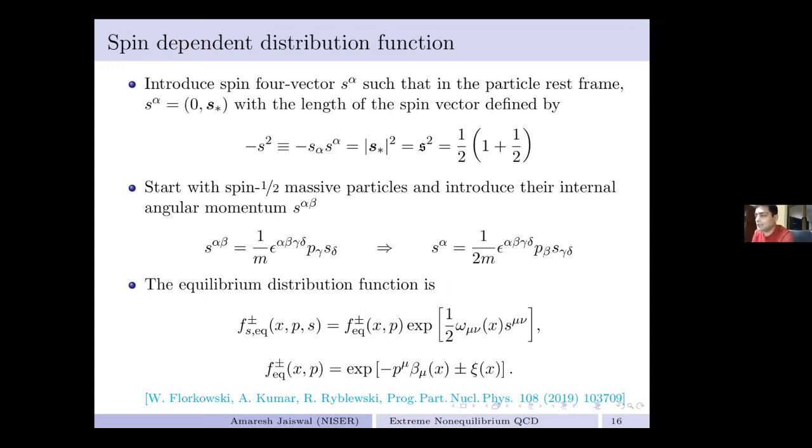So imagine that I have to make a thermal average over the microscopic degrees of freedom to obtain the macroscopic quantities. The two things that I am averaging over, the microscopic quantities, are the momenta of the particle and the spin of the particle.